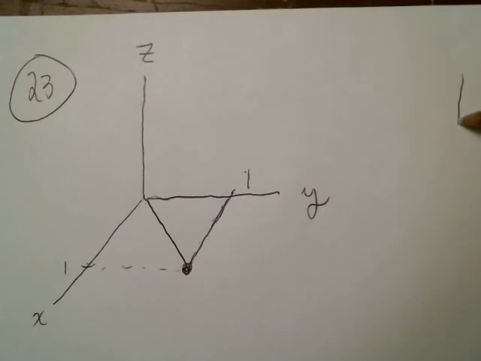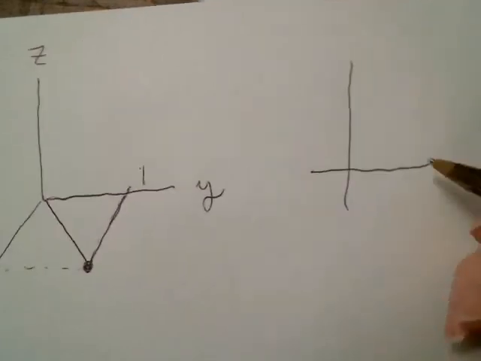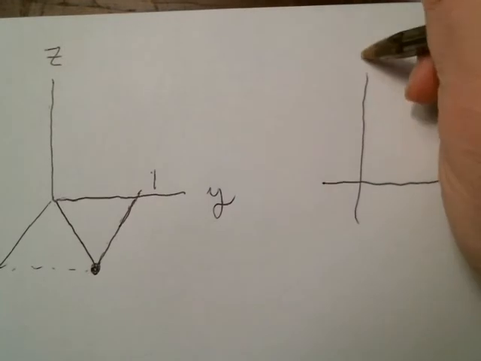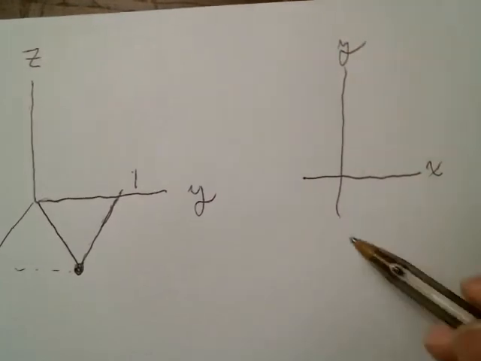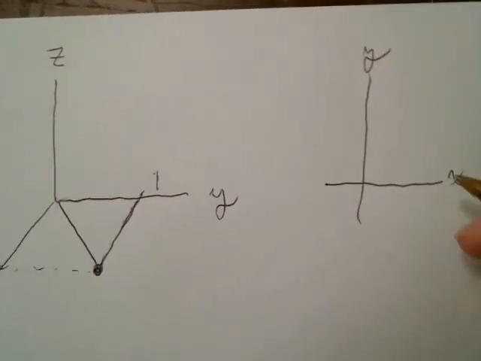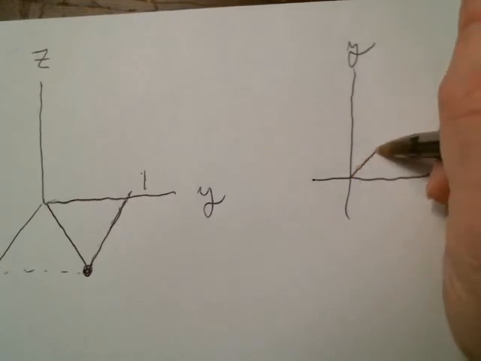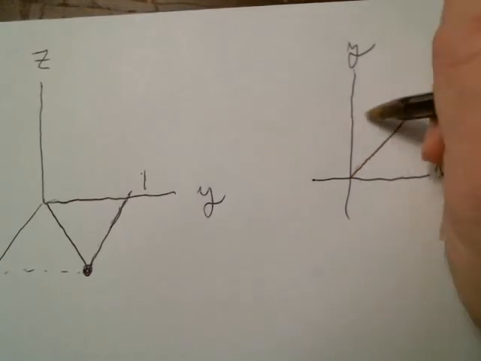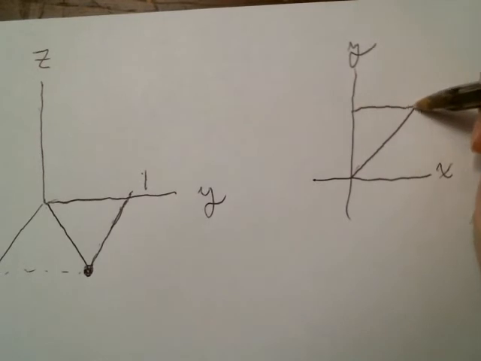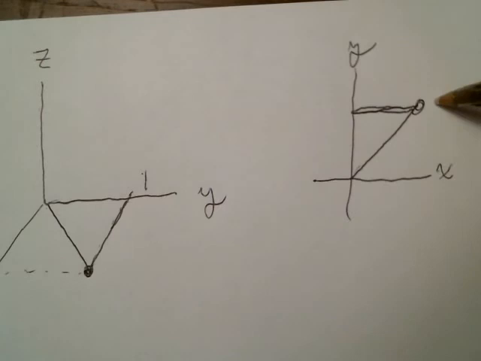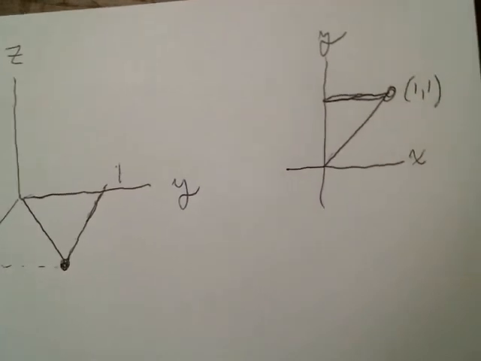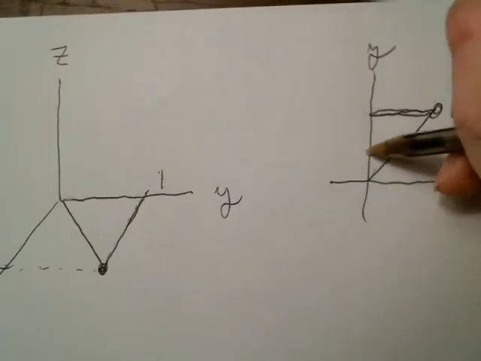Okay, so in the xy plane, we can kind of draw that out. And that may help later when we're saying we're going from this curve to this curve. So I have the line y equals x, and then the horizontal line y equals 1 right there. So this point is (1, 1). That's this region here.